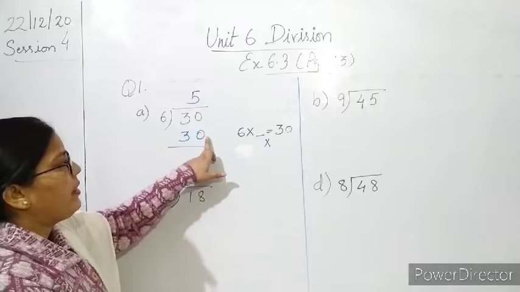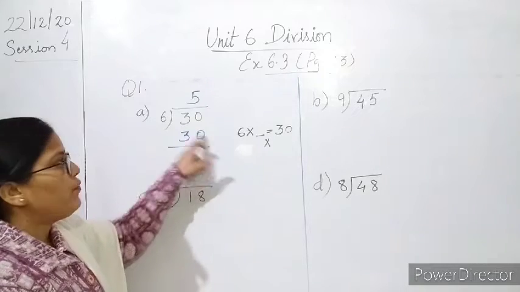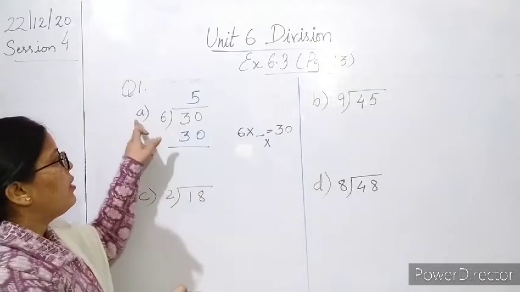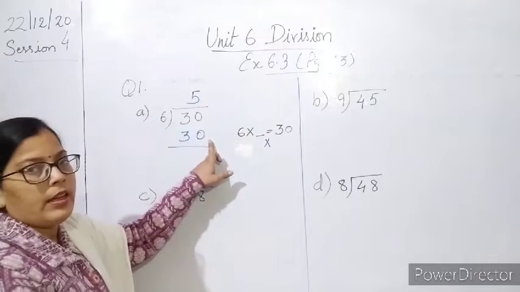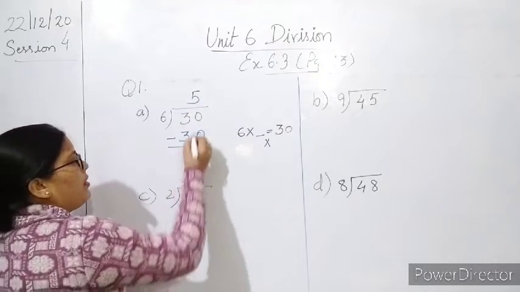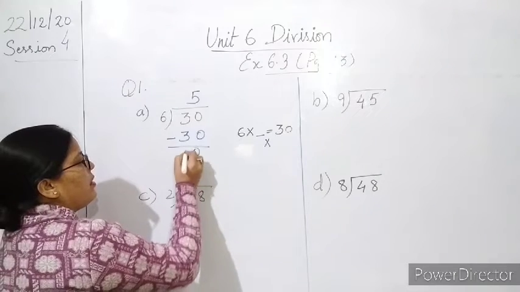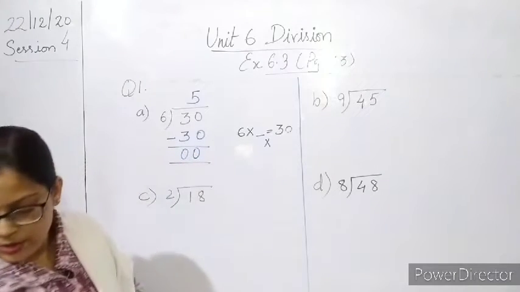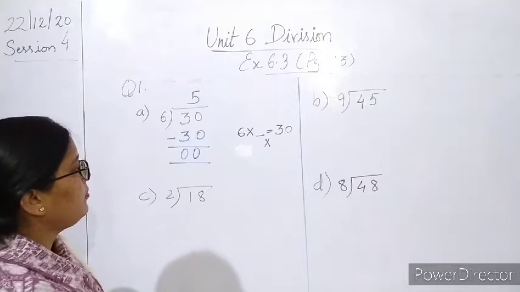Why? Because we are dividing the number. So 6 fives are 30, and we'll put the sign of subtraction here, and then 30 minus 30 is 0. Just write 0. Clear?